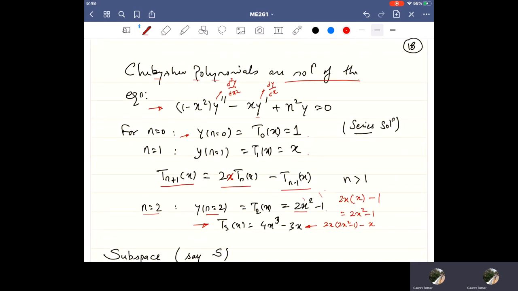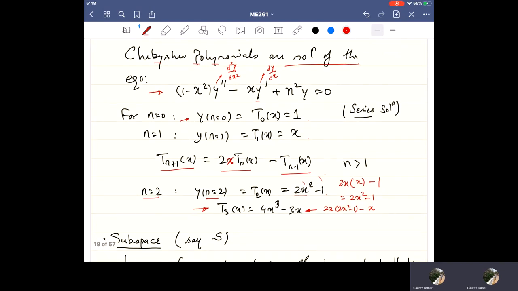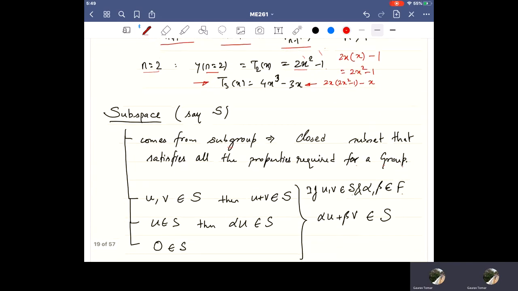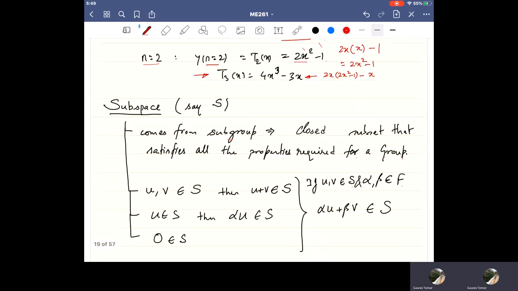Now we'll go to the next concept of subspace. Before we go to subspace, let's talk about the subgroup concept because it comes from there. The concept of subgroup means that you have a bigger set, and this is, let's say, the vector space V that we're talking about. Now you have a smaller set there with the same binary operation that we talked about. In this case, it can be vector summation.